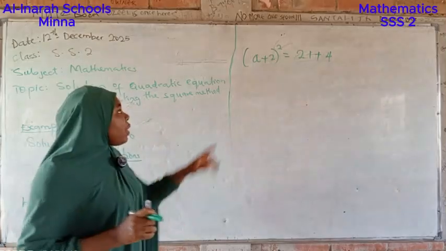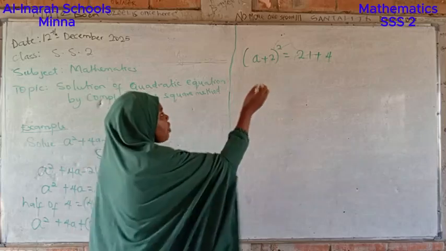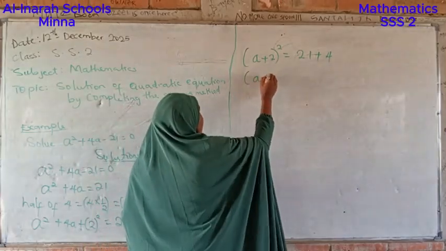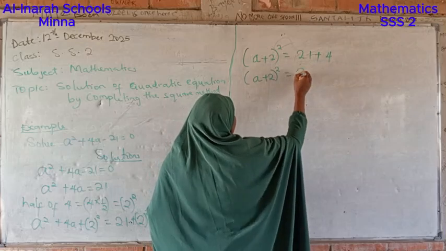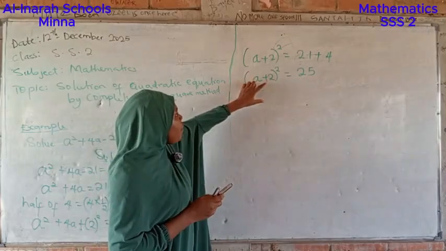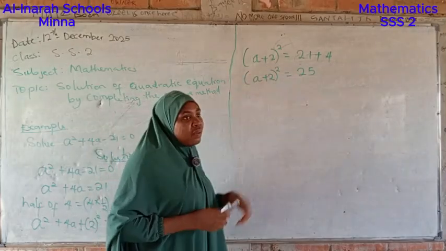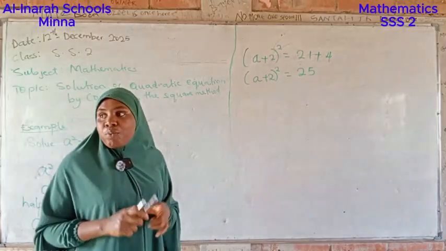Are we together? Now, let me first of all add this. We have a plus 2 all square is equal to 21 plus 4, which will give us 25. Since I'm having a plus 2 square is equal to 25, what I'm going to do next is take the square roots of both sides.